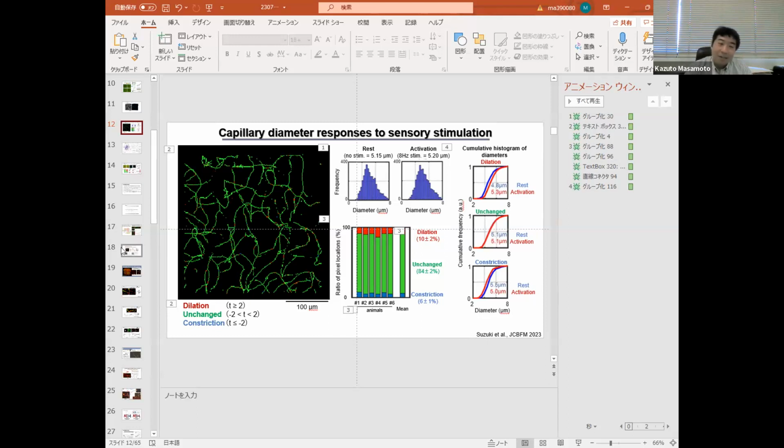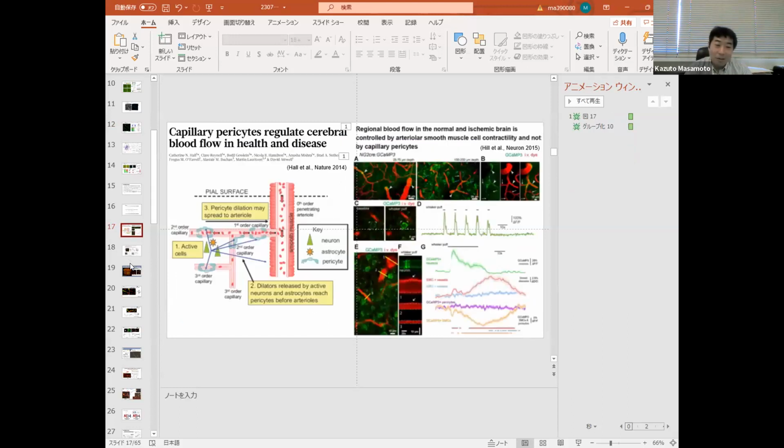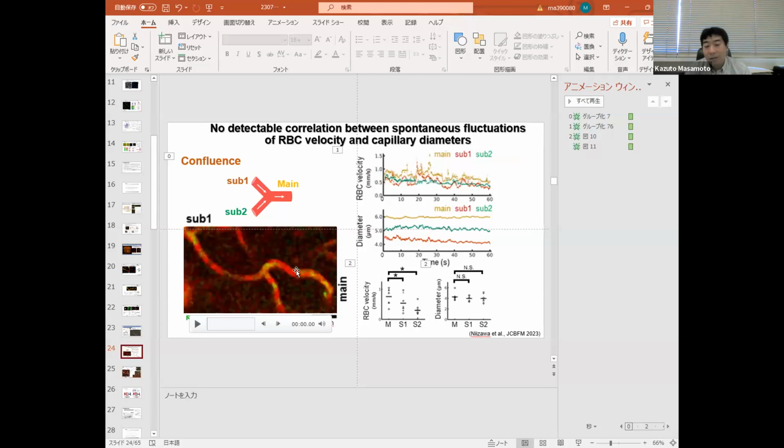Velocity is more likely caused by the blood cell flow. At a certain point the capillary diameter is regulated and affects the blood flow. But if it is higher than the diameter of the red blood cells, it doesn't matter. The capillary diameter fluctuation has no much effect on flow velocity, so there is no information from the neuronal activity.